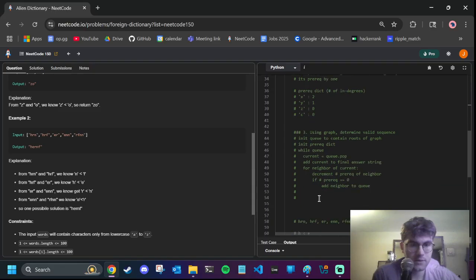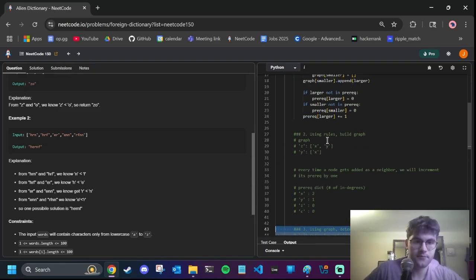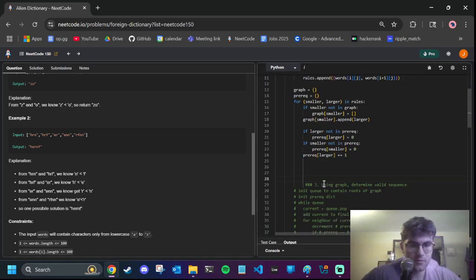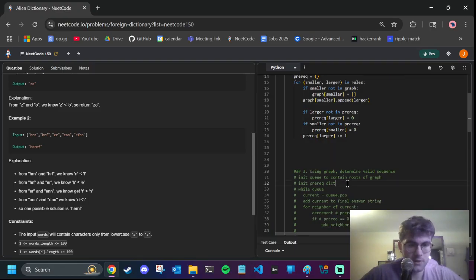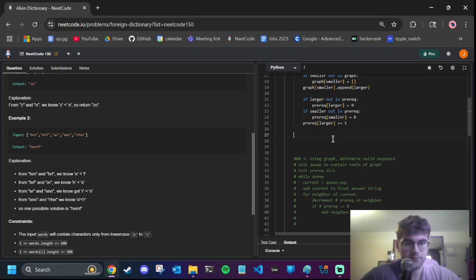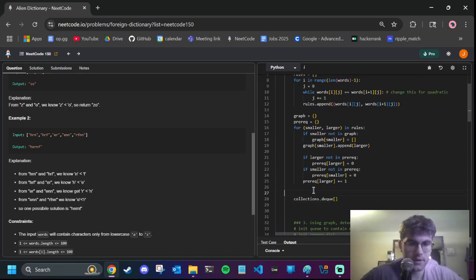So now we want to do this part. So what we'll do is, we initialize both of these. We need a queue. From collections, import deque. We also need to identify the roots. So let's just do a little list here.